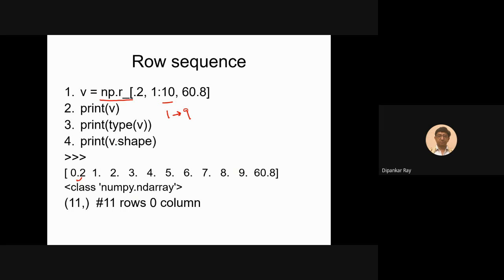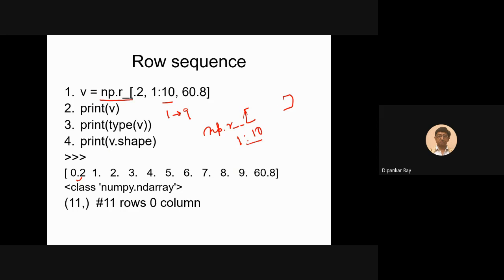What is the type? It is a NumPy n-dimensional array; ndarray means n-dimensional array. So np dot r, then in the square bracket I have written the list, and in between I have written 1 colon 10 to reduce my typing.